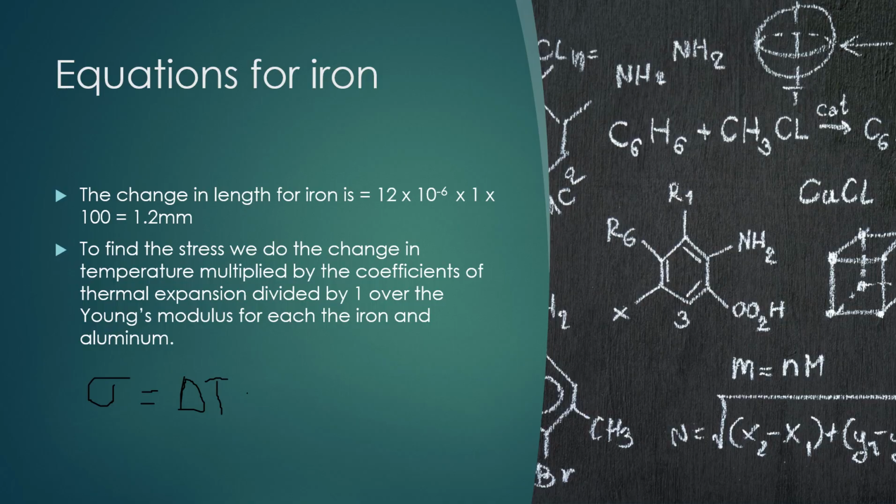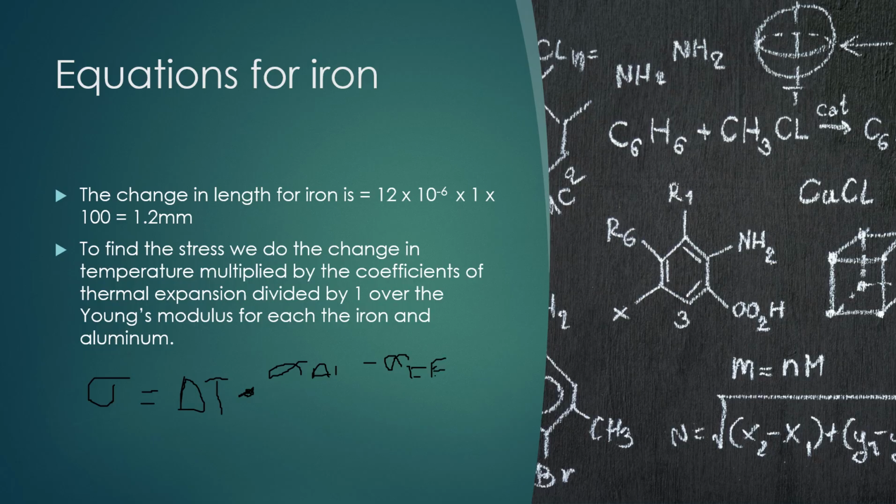multiplied by the coefficients of thermal expansion, which is basically just the coefficient of aluminum subtracted by the coefficient of iron, Fe.